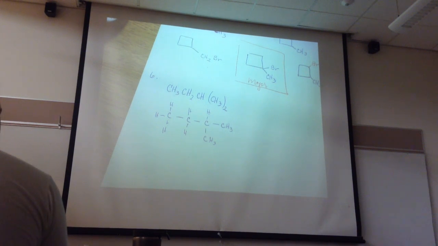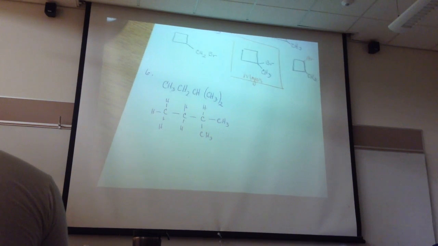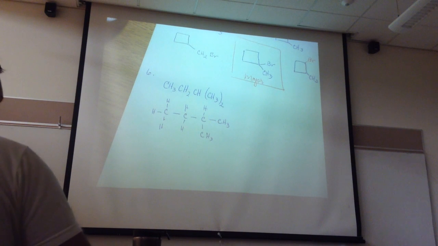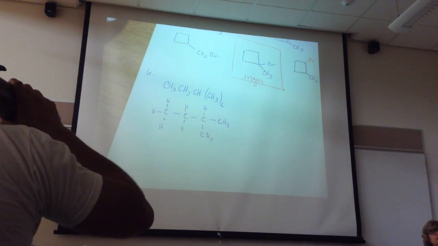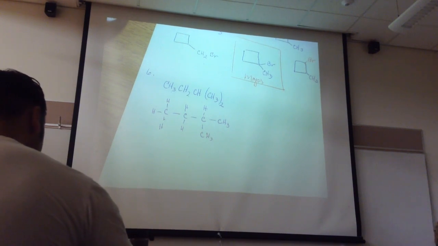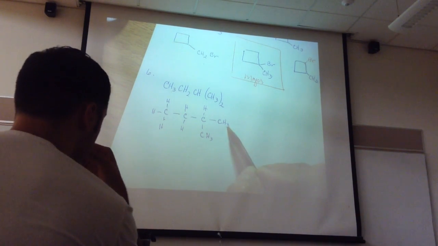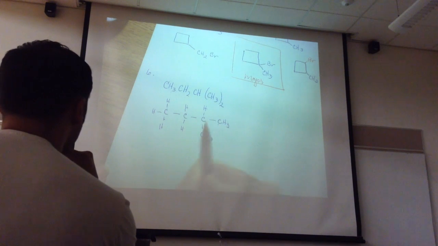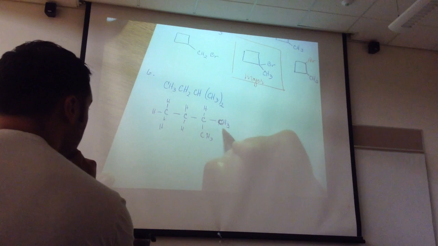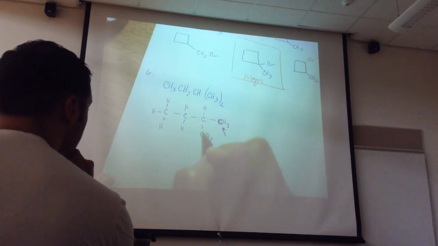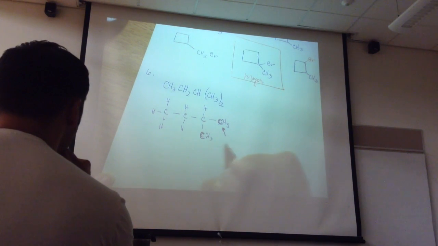So when they're asking you for primary hydrogens, they're referring to the type of carbon that that hydrogen is bonded to. If I am bonded to a carbon, and that carbon is only bonded to one other carbon, these blue carbons are called primary. All of them that are blue here are primaries.